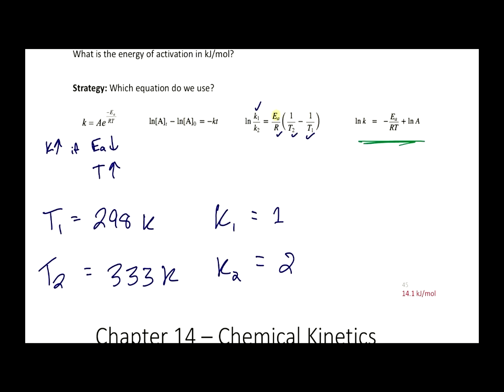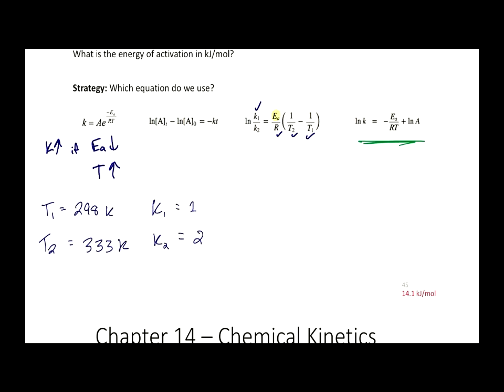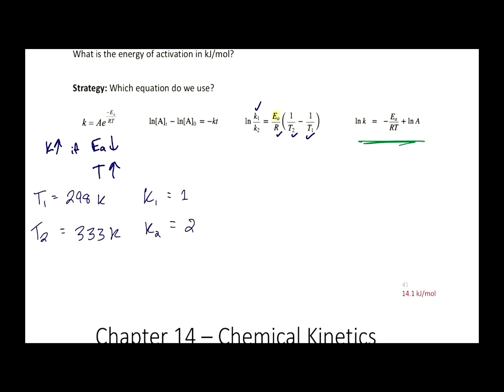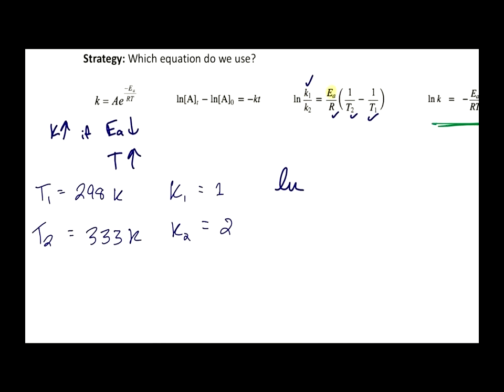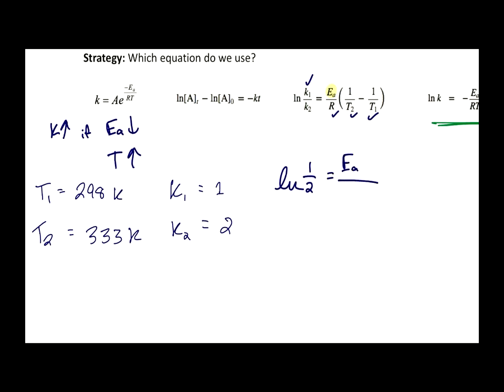This does require more complex math than we've seen so far. So natural log, and be really cognizant of whether you are putting in K1, T1, K2, T2. So just be careful here. In our equation, we have natural log of K1 over K2. So it's 1 over 2 equals activation energy, that's what we're solving for, over R, so 8.314 joule per mole Kelvin.